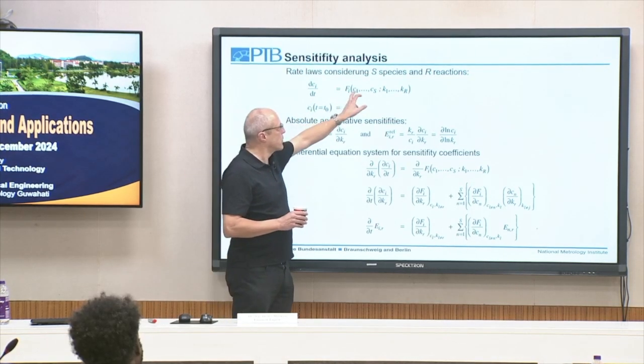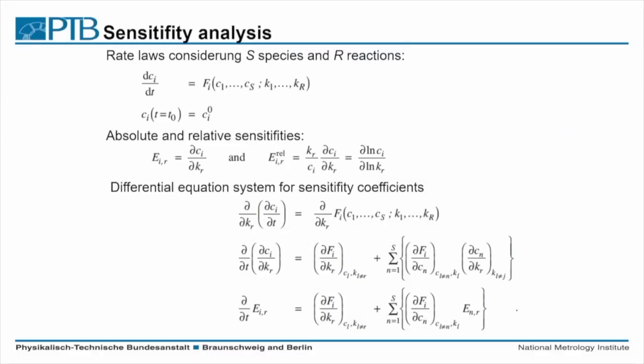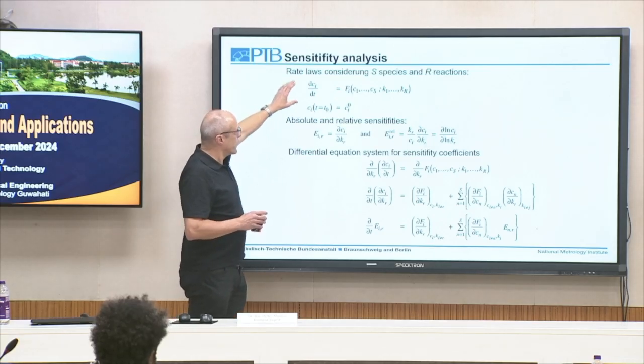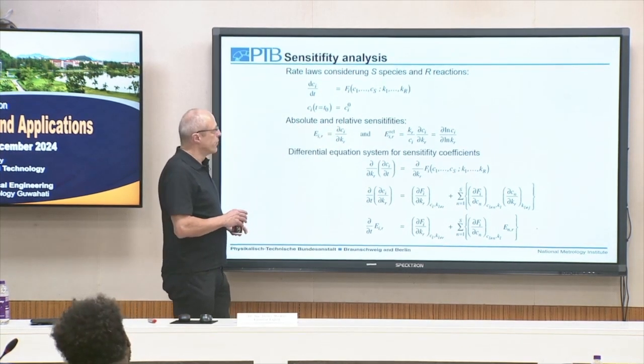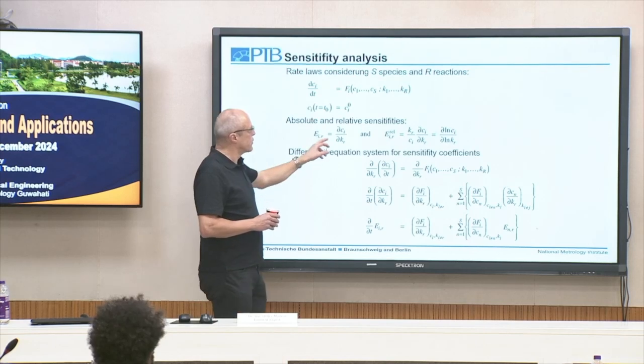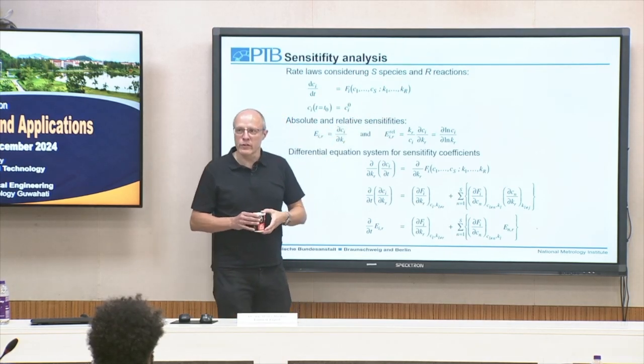This depends on the concentrations of each species and on the reaction rate of all the different reactions we have. So then we know, of course, the concentration of CI depends on the initial concentration of these species. So, and then we can consider how sensitive is the concentration of each species with respect to the different reaction rates.